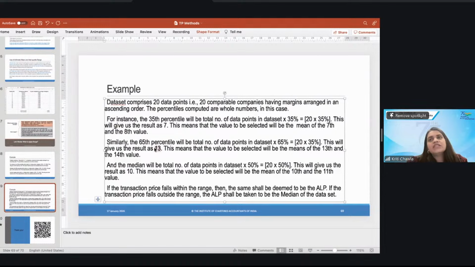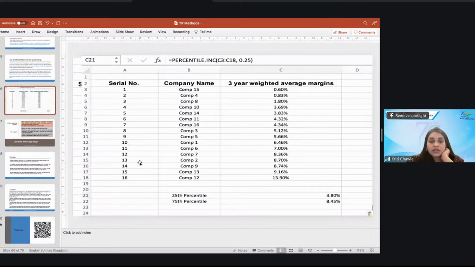That basically means the value will be the 13th and the 14th value. Put them both together and calculate the arithmetic mean. So the 65th percentile will be the 13th value, which is 8.70, plus the 14th value, which is 8.74, divided by 2.